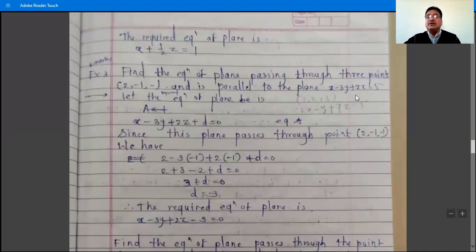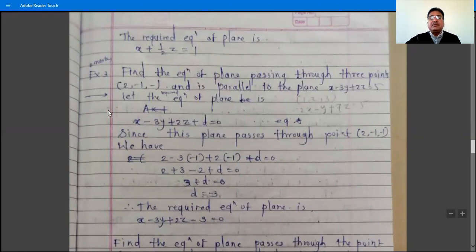We are given 1 point on the plane, and the required plane is parallel to this plane. Therefore the equation of the required plane is x minus 3y plus 2z plus d is equal to 0. The required plane is parallel to this plane, which means the coefficients of x, y, z are proportional or the same.